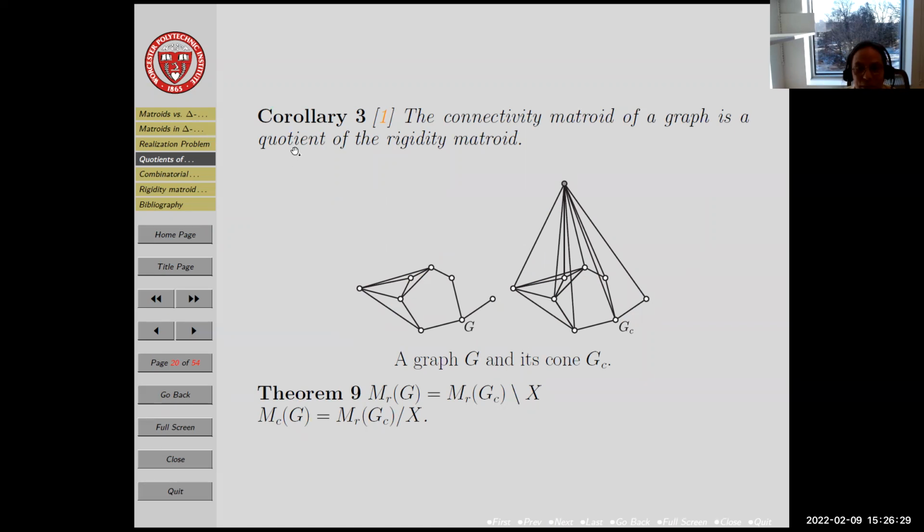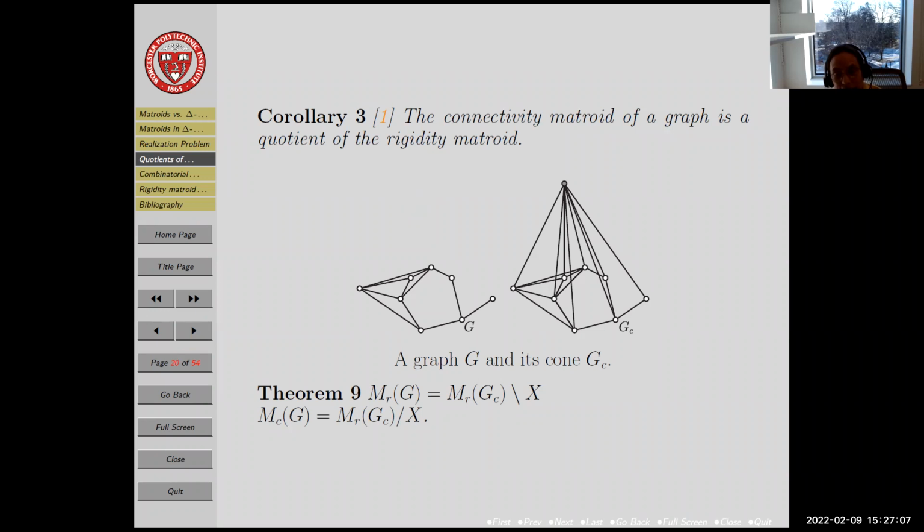And the nice thing about connectivity and rigidity matroid is that if I take my graph and I know its rigidity matroid, then I know that coning is a very nice construction in the rigidity world: if you adjoin to a rigid graph a new vertex and attach it to every vertex that you had before, you definitely get a rigid graph.